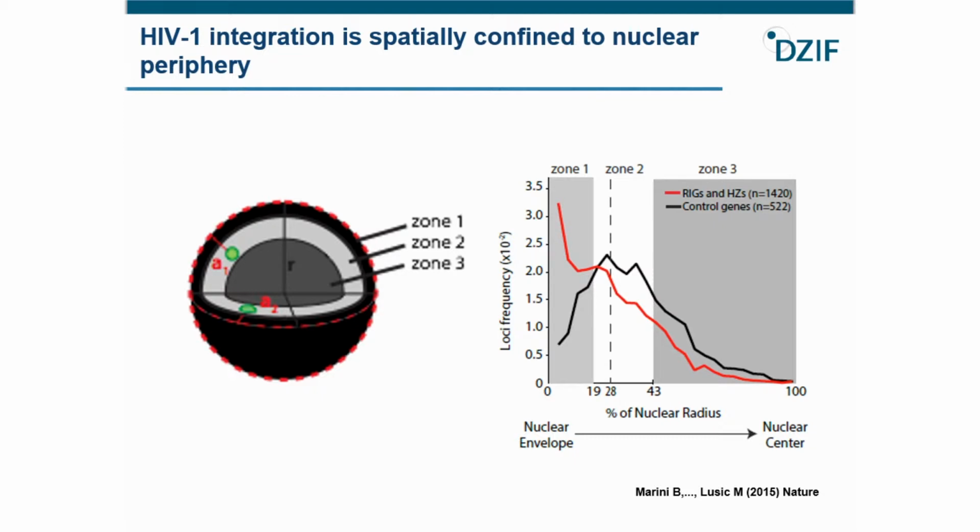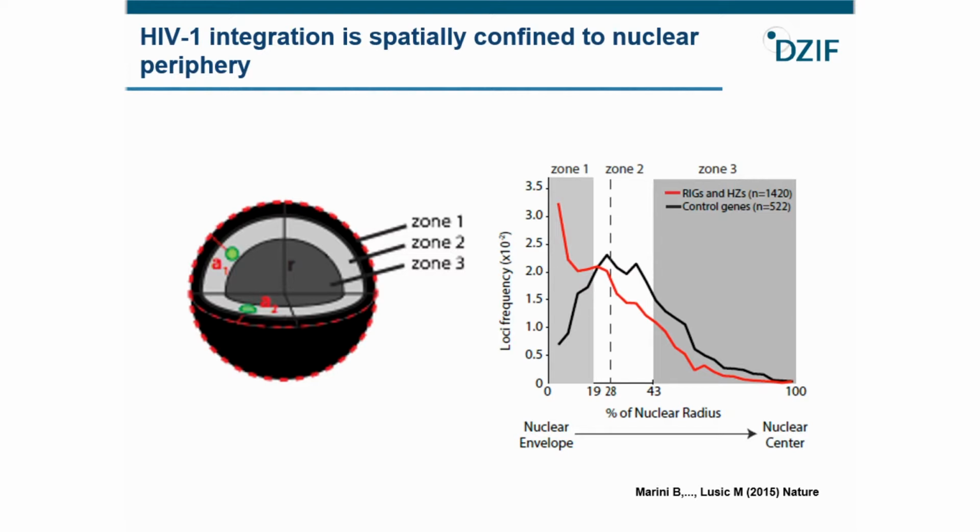So when we do all these FISH analyses and we look at the nucleus that can be divided in these 3 zones of equal surface, we basically see that RIGs, which are here showed with the red line, have a different disposition in primary CD4 T cells with respect to other genes which are also active but are not targeted by HIV.